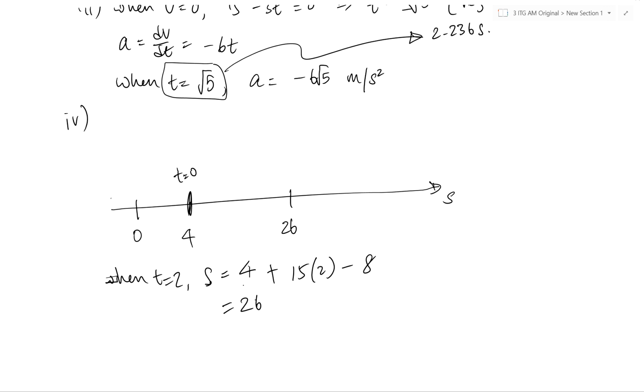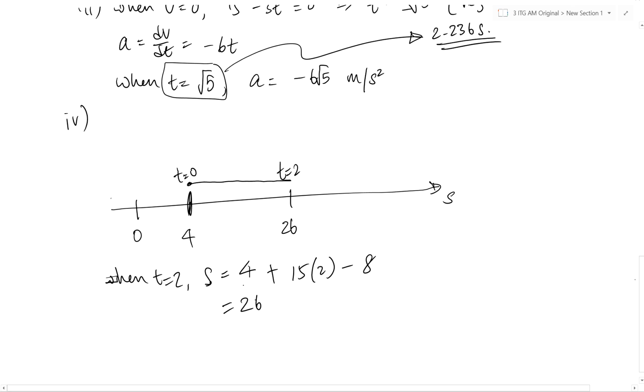So from t equals 0 to t equals 2, he has covered up to 26 meters away from O. He is going to continue traveling because he didn't turn at time equals 2. Continue traveling to the right until time equals 2.236, which is square root 5. And that's when he does the U-turn.